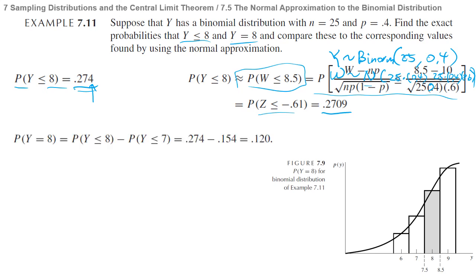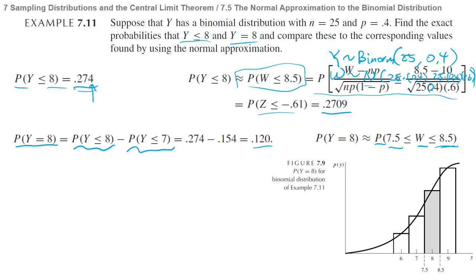You can calculate the probability of Y equals 8 using the binomial distribution, using this quantity and that quantity: the probability of Y less than or equal to 8, and the probability of Y less than or equal to 7. If you subtract these two quantities, you get the probability of Y equal to 8. To calculate the corresponding normal approximation, you calculate the probability of W from 7.5 to 8.5.